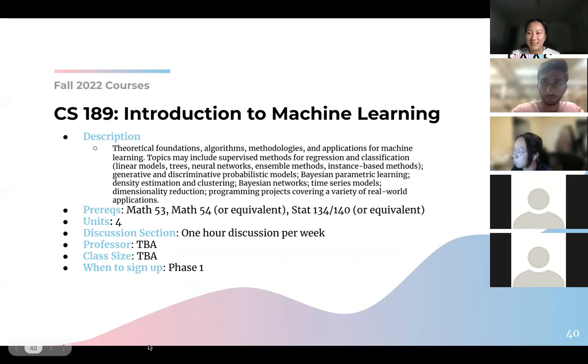Oh, sorry, my bad. For CS 189, it's the main machine learning class that CS majors, even data science majors, will end up taking. One thing to know, it's not too important, but it's essentially an undergrad and grad class.